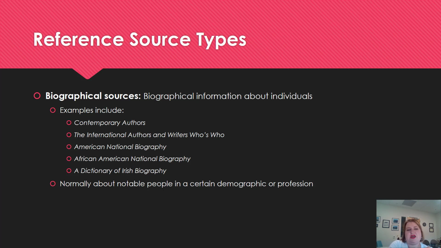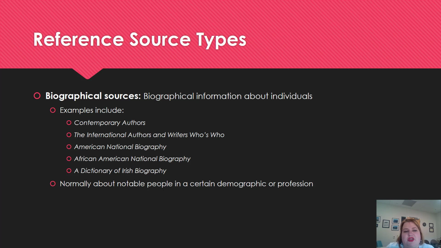Some really famous biographical sources for libraries include Contemporary Authors. This is a multi-volume series that comes out every few years, bringing you background on contemporary authors, who they are, what they wrote, and why they are important.